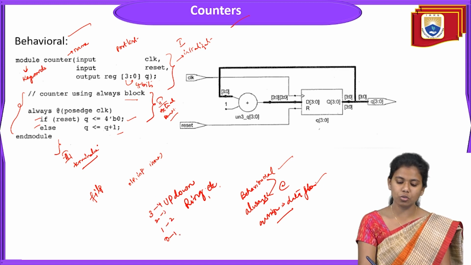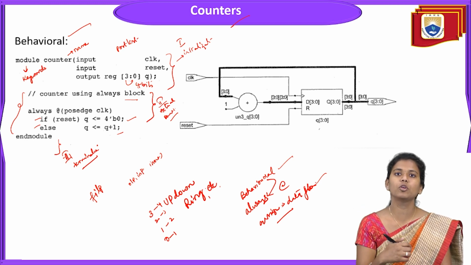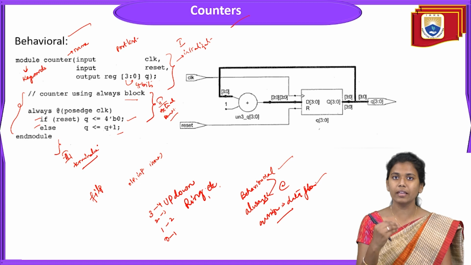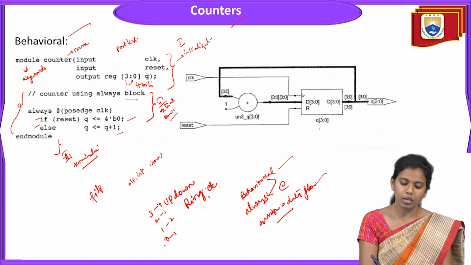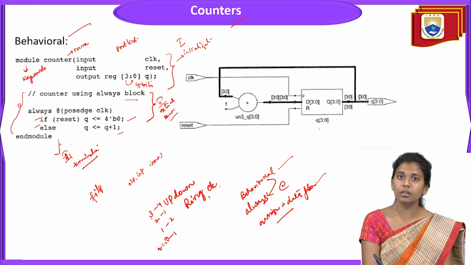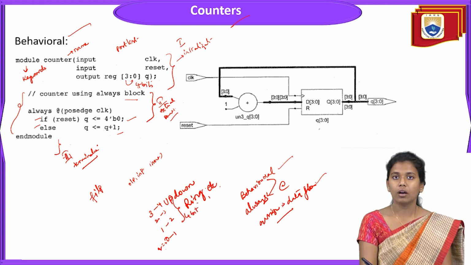If I'm using a counter, then I need to increment by one for each count. For that purpose I'm writing q plus 1. That means from q equal to 0, I should approach 3, isn't it? So 0 to 3, totally 4 bits of data I have to acquire.